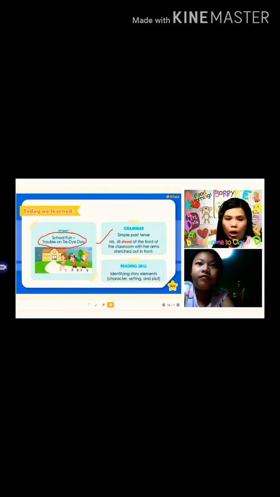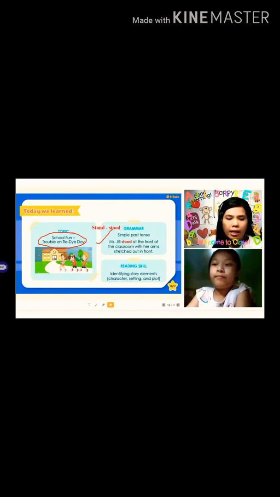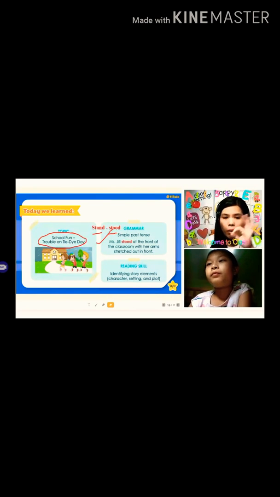The base form of stood is stand. Okay? So the present is stand, the past tense is stood. Okay? Now, Miss Jill stood at the front of the classroom. The present verb is stand, but because it already happened, this is an irregular verb, it became stood.